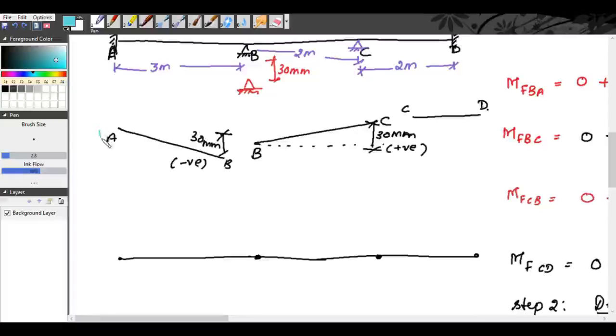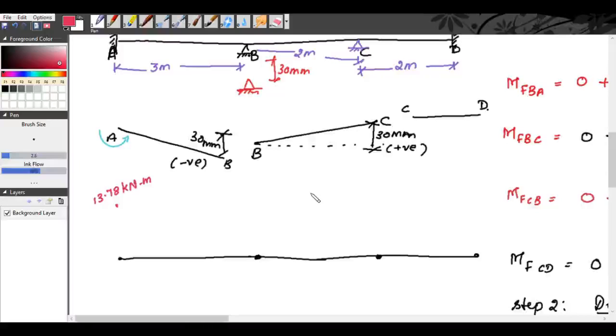That means this is pointing upwards, right? So this minus 13.78 comes here. 13.78 kilonewton meter. Here there is no simple beam moment diagram.